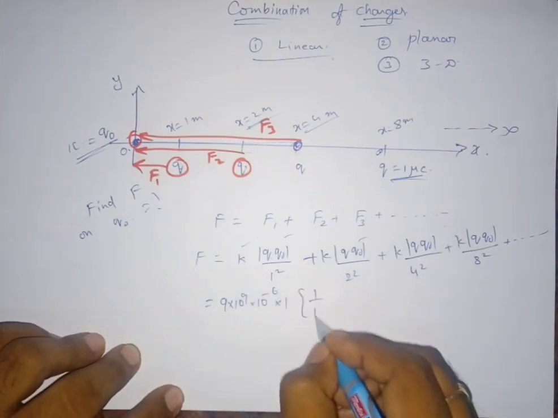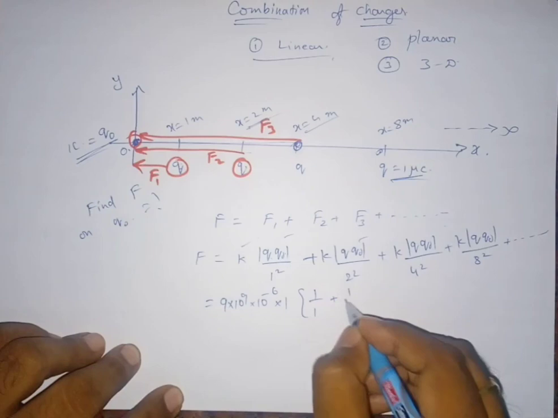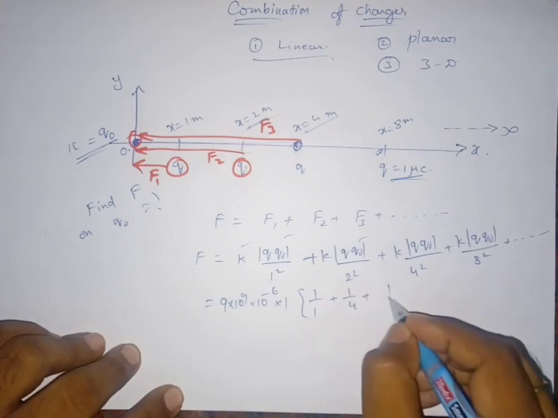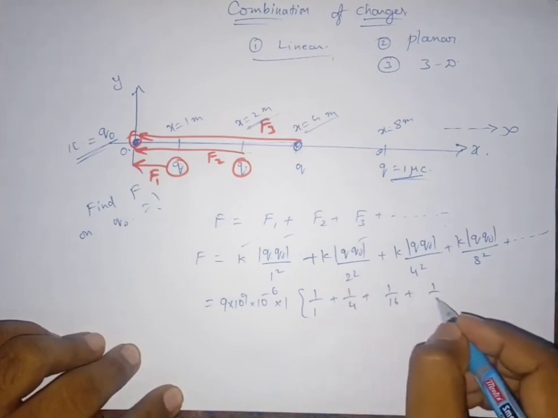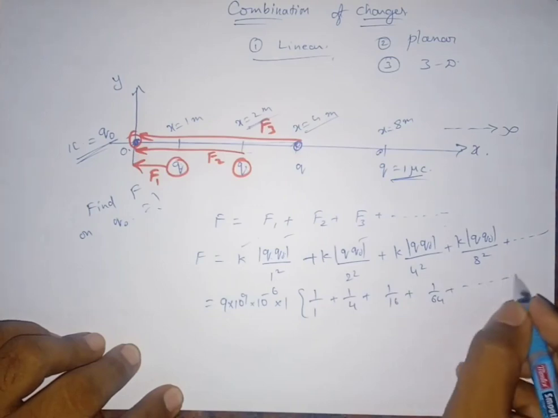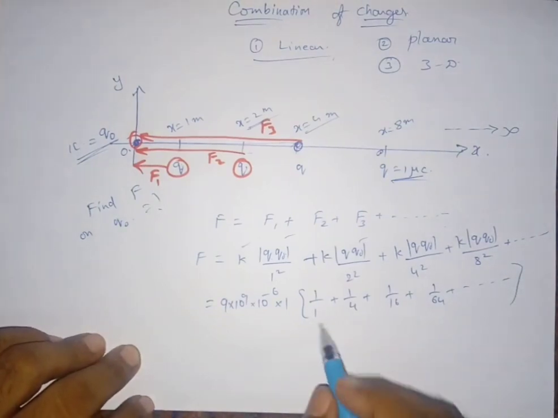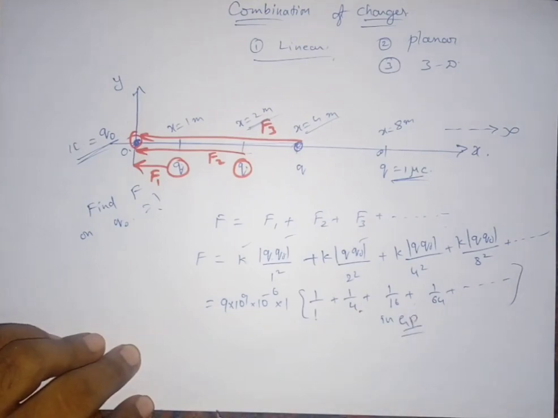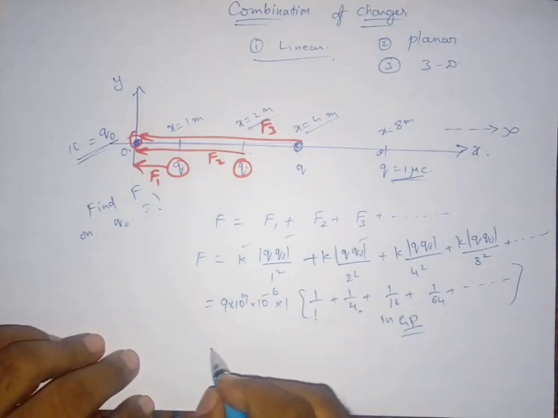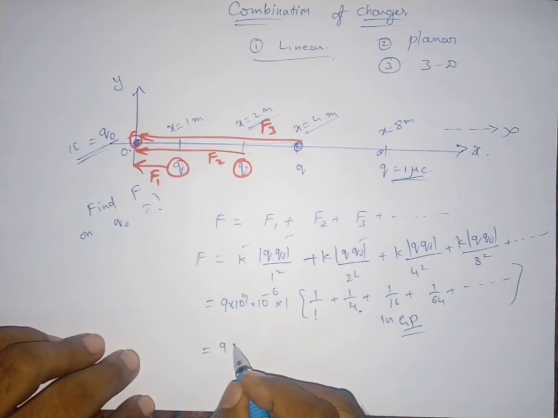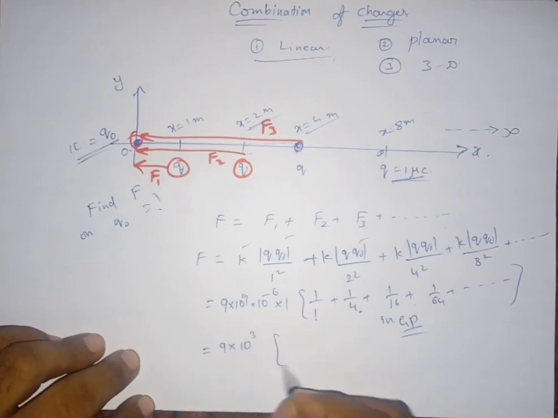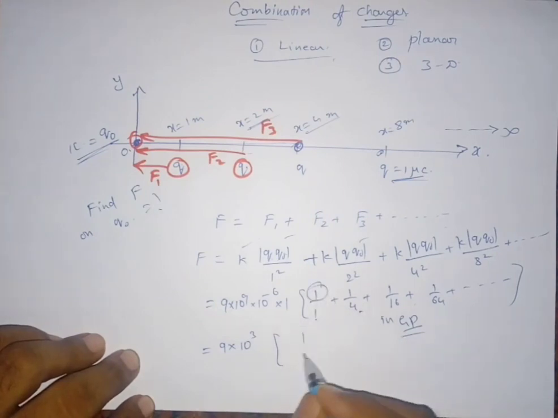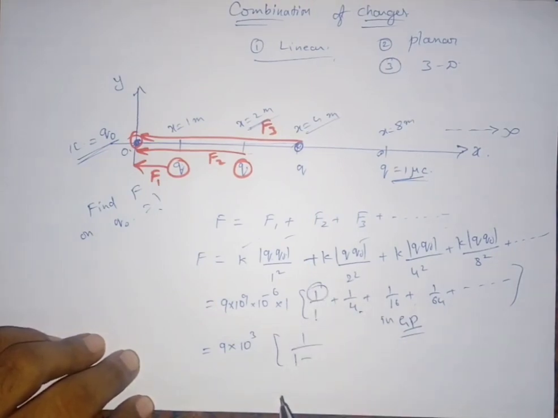And what about the denominator? 1 plus 1 by 4 plus 1 by 16 plus 1 by 64 plus, and so on. Now this is the sum of a series in GP, geometric progression. What is the sum of infinite terms in a geometric progression? It is equal to a by 1 minus common ratio.